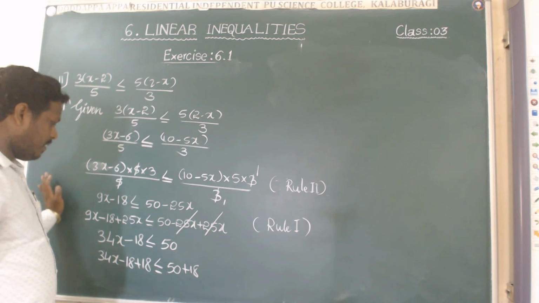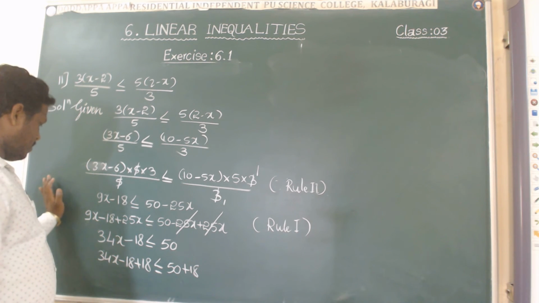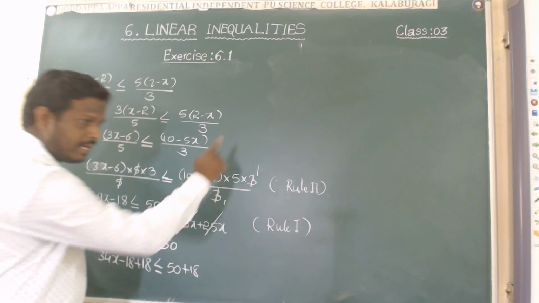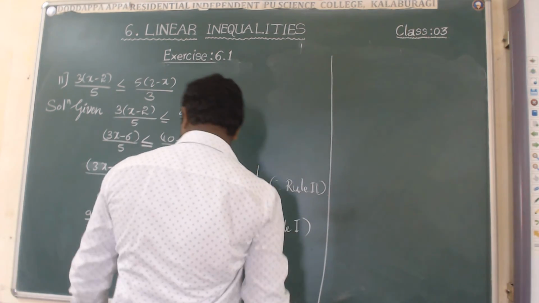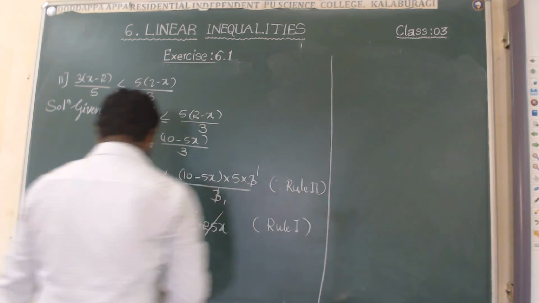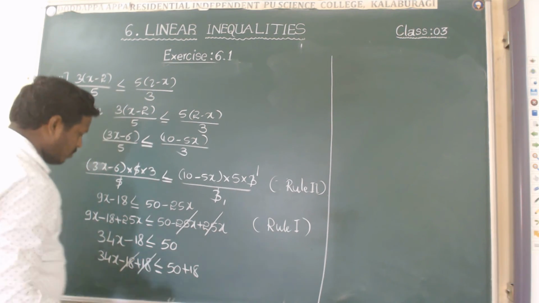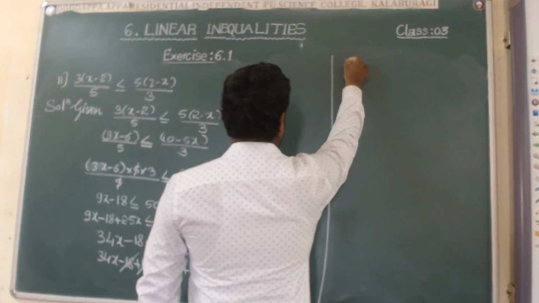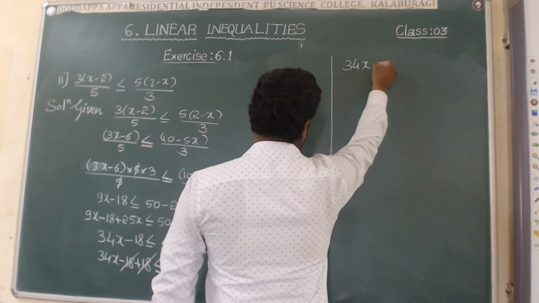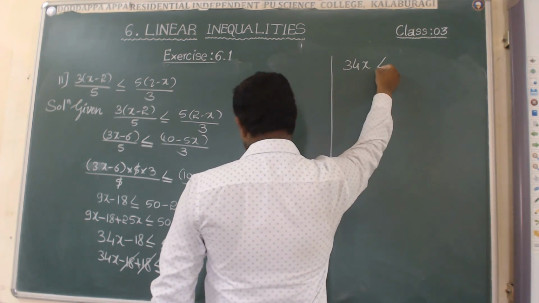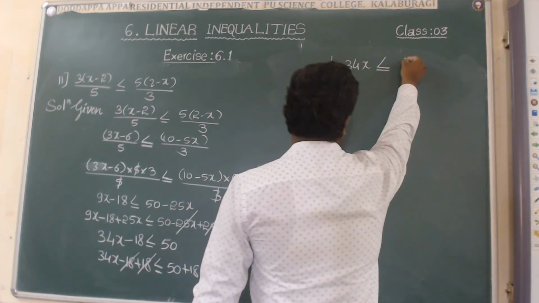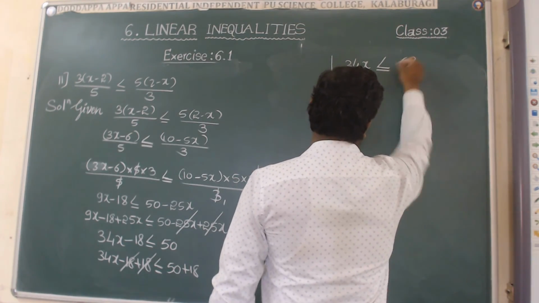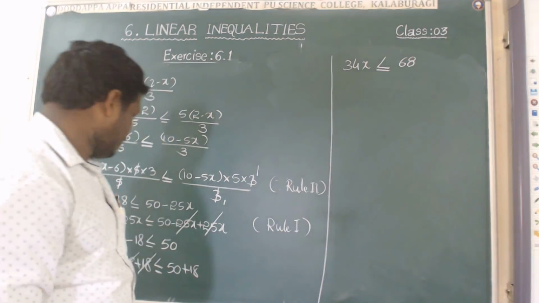Now simplify this one. When we simplify, minus 18 plus 18 becomes 0. What is left we have to write? It is 34x and the symbol will be coming the same, less than or equal to, and it is 68. 50 plus 18 is 68.